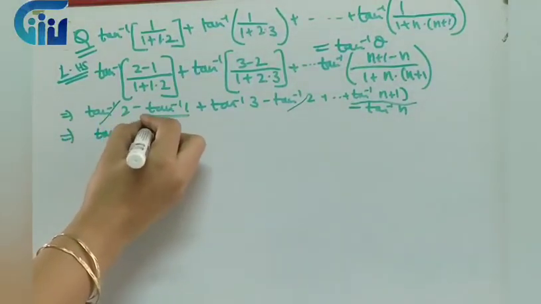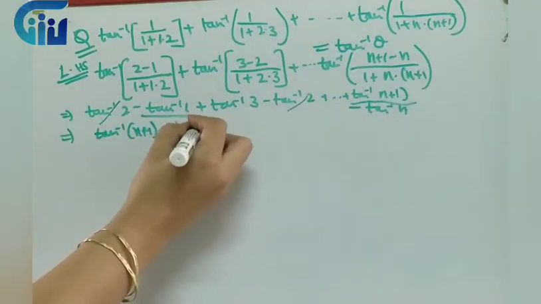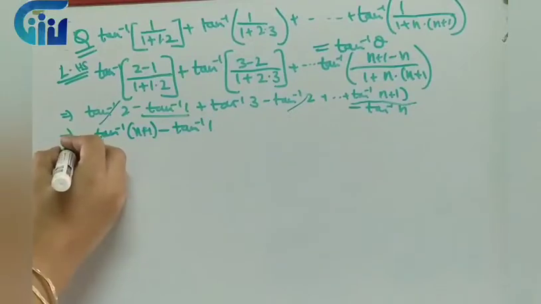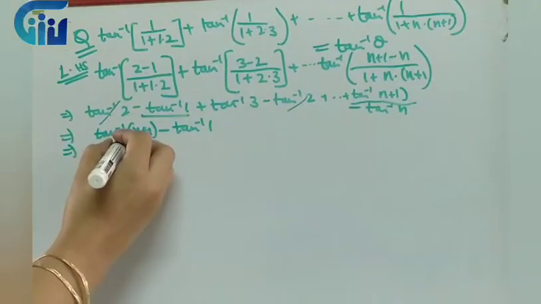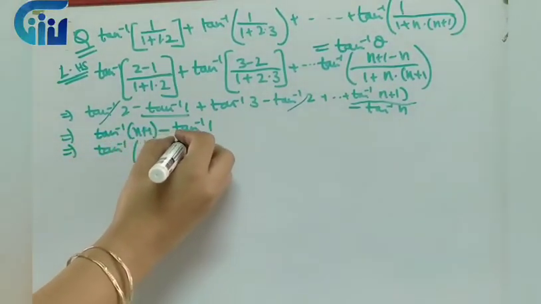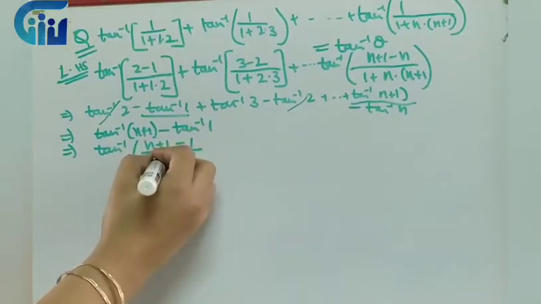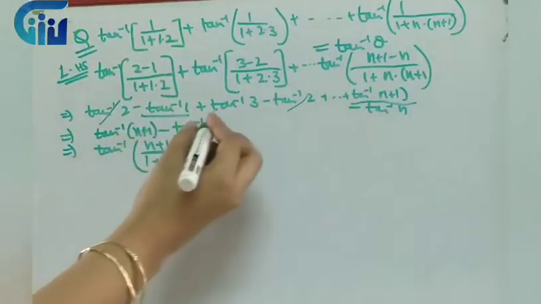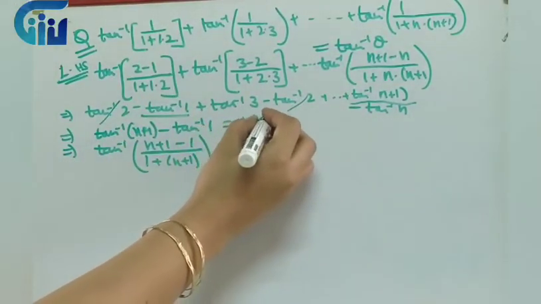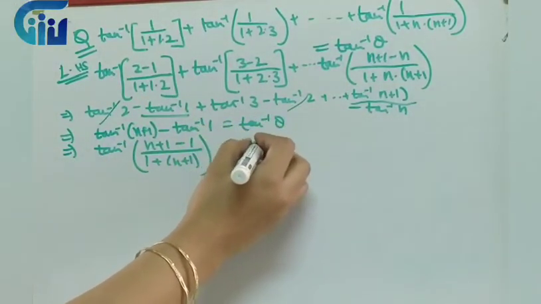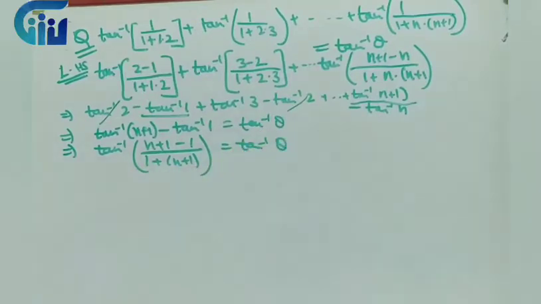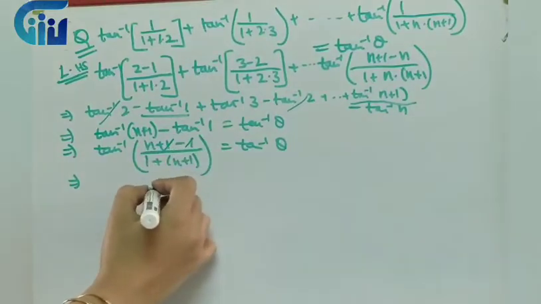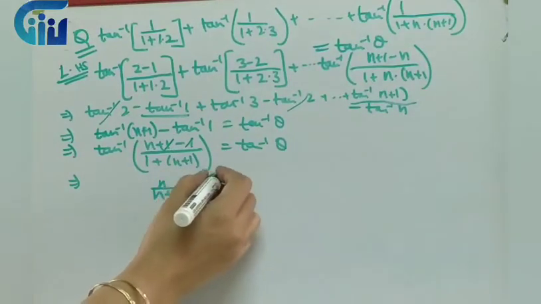What do we observe over here in the left hand side? That this tan inverse can be written like this: tan inverse of 2 minus 1 upon 1 plus 1 into 2, plus this can be written as tan inverse 3 minus 2 upon 1 plus 2 into 3, and so on. This can be written as tan inverse n plus 1 minus n upon 1 plus n dot n plus 1, right?